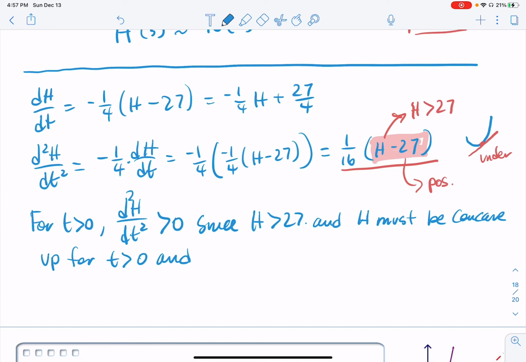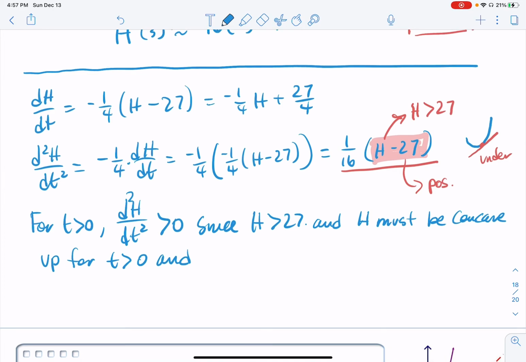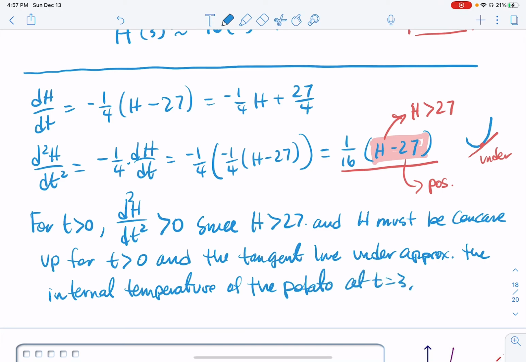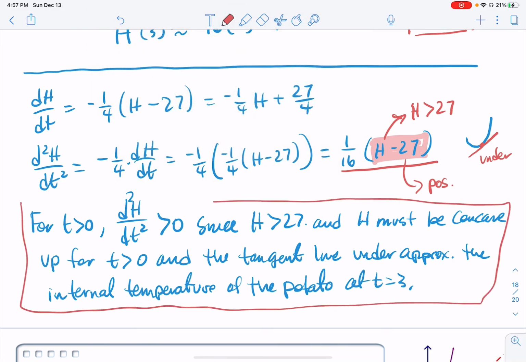And the tangent line under-approximates the internal temperature of the potato at t is equal to 3. Voila.